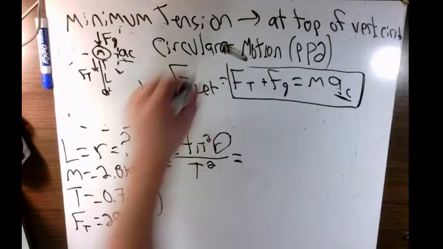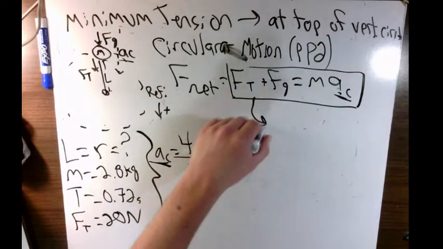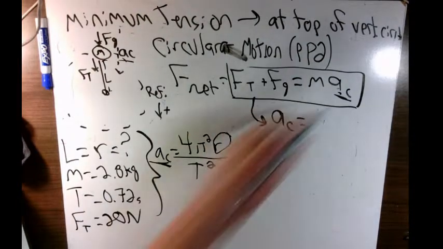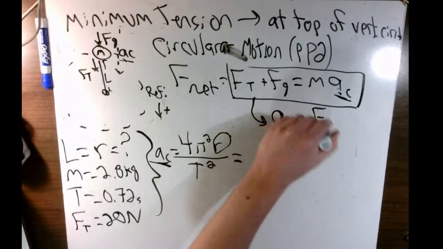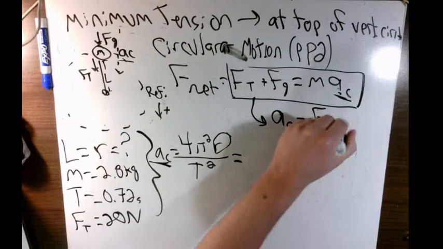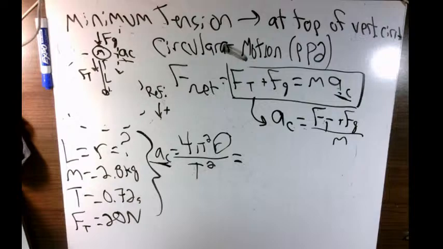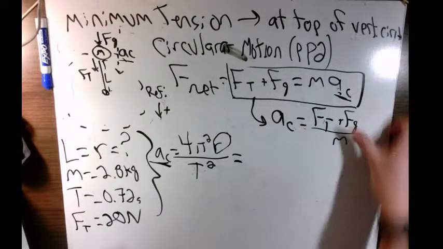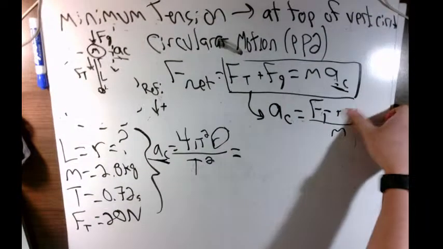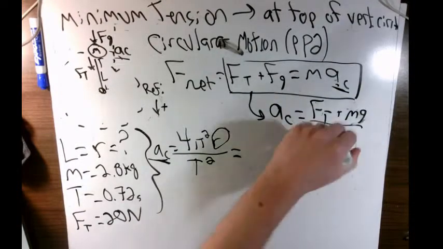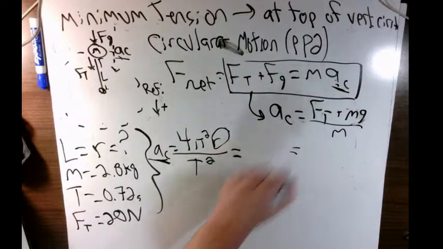So if we rearrange this, our centripetal acceleration will be equal to, if we divide both sides by mass, force of tension plus force of gravity over mass. Force of gravity we could rewrite as mass times gravity. Let's see what number we get.